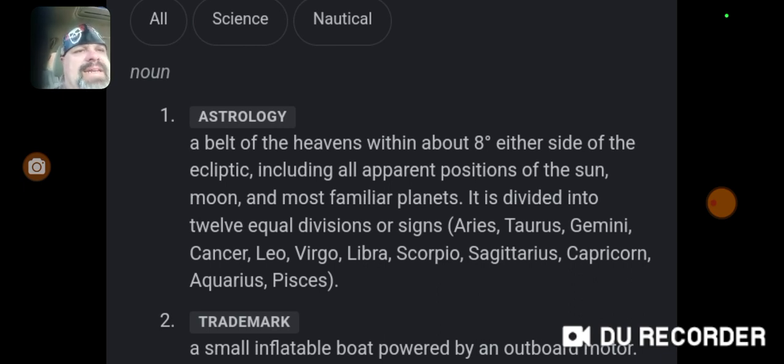Familiar planets. I wonder how many people had what their signs were. I mean, it could mean nothing, but it's something to think about.